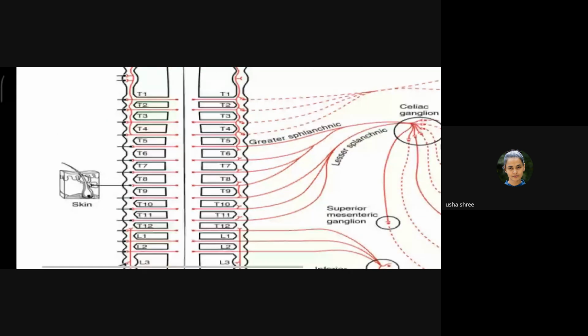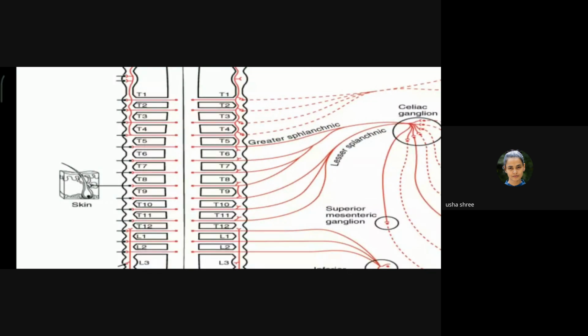Right? What are ganglions? Please reply fast. How many times have we discussed what is a ganglion and what is a nerve? Ma'am, a ganglion, if I remember it right, is a group of cell bodies.